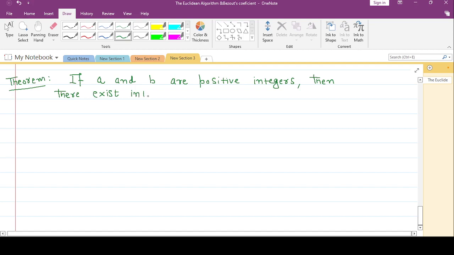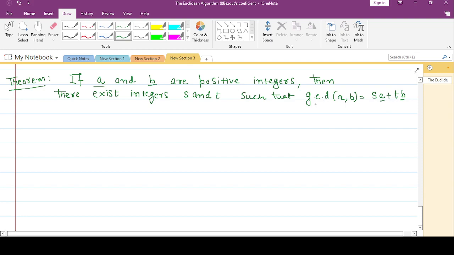integers S and T such that the GCD of A and B, whatever the GCD of A and B is, can be written as S into A plus T into B. Okay, and A and B were the given numbers, and S and T are the integers.